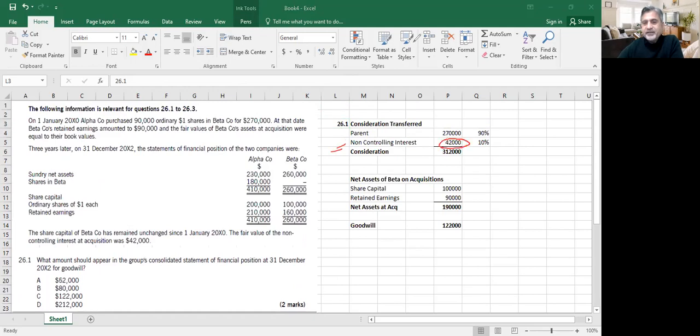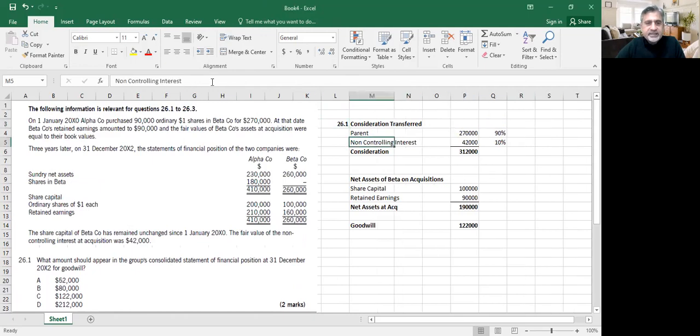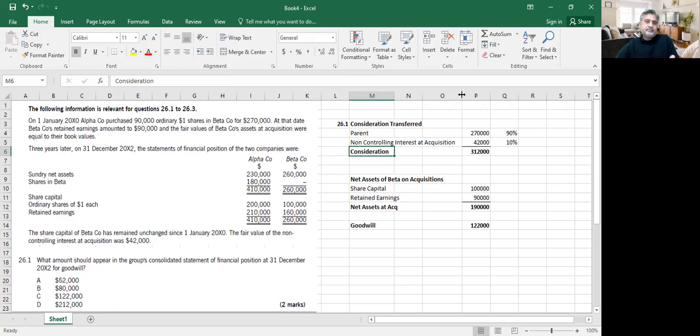But let me make the wording correct: this is NCI at acquisition, which means on the acquisition date, this is what the third party paid. Maybe you and I are doing this together. I am the parent, purchasing 90,000, and Joseph is giving 10%, 42,000. Together we purchased a company Beta where I paid 270, Joseph paid 42, and we acquired the business.